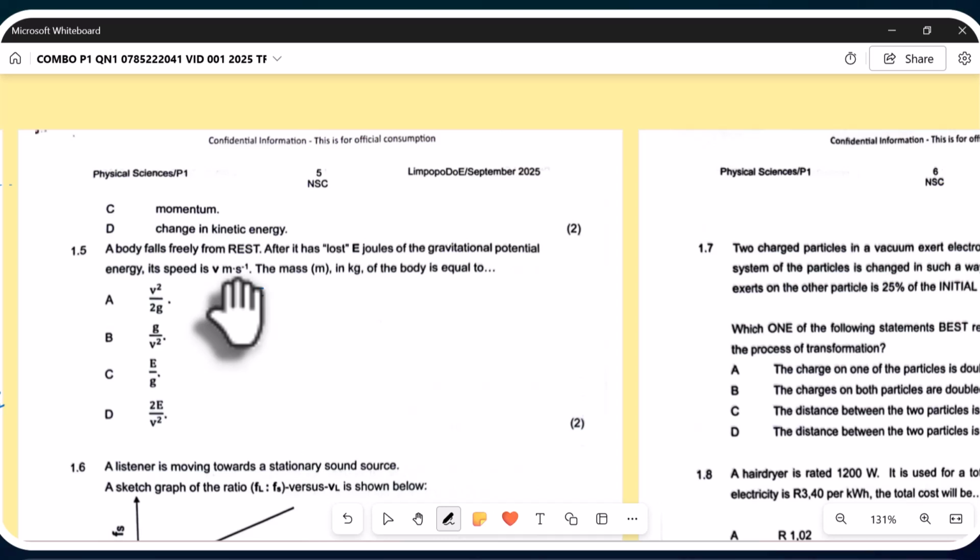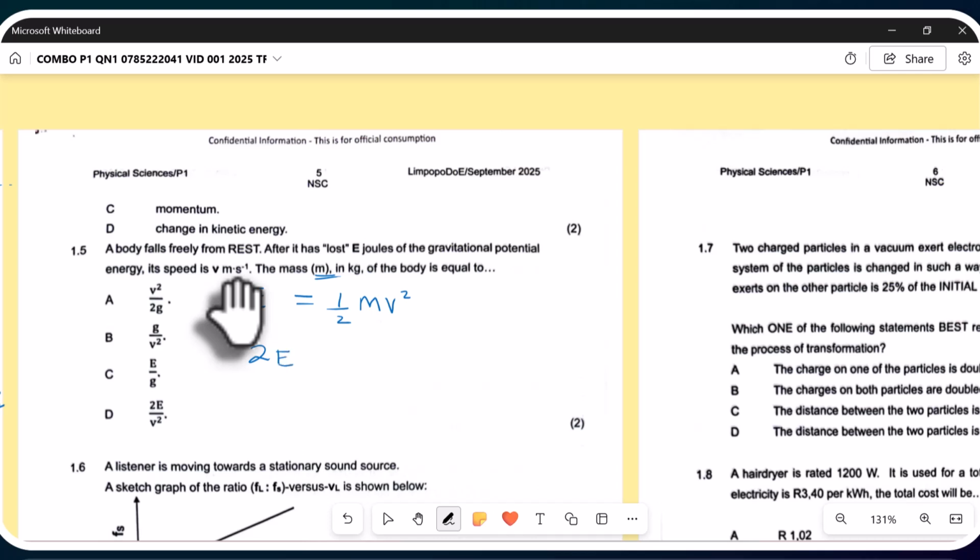Because I'm talking about the ratio, on my y-axis this is f listener over f source. So if I divide by f source on this side, you can see it's going to cancel, f source cancels out here.